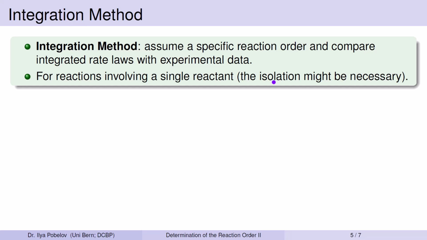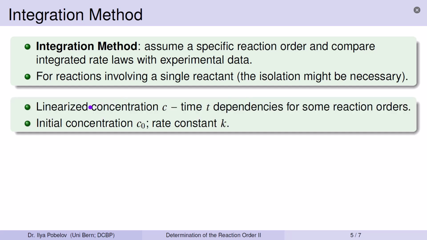A key aspect of the integration method is the linearization of concentration time data. This involves transforming the data into a linear form that corresponds to zeroth, first, or second order reactions.